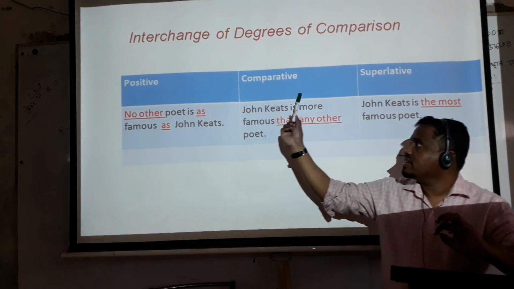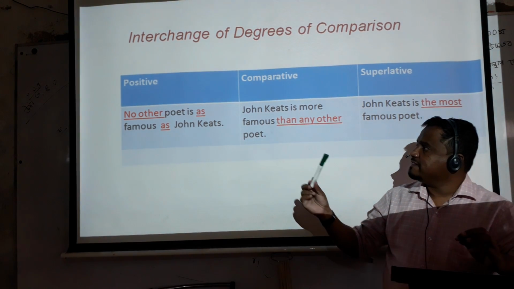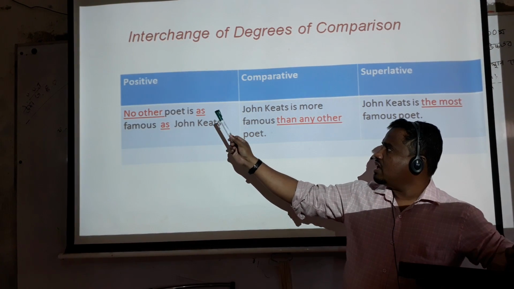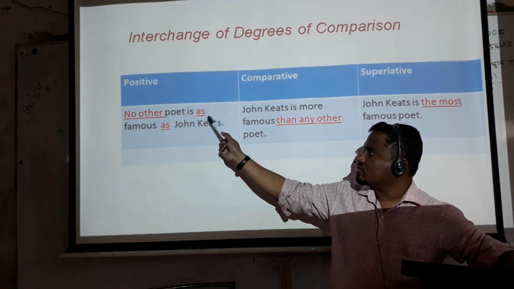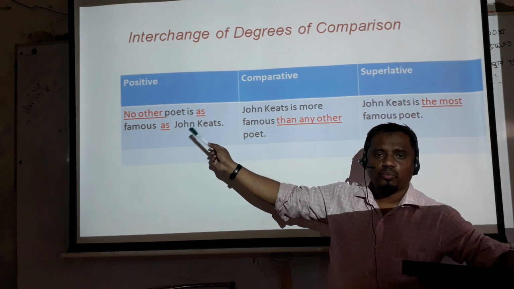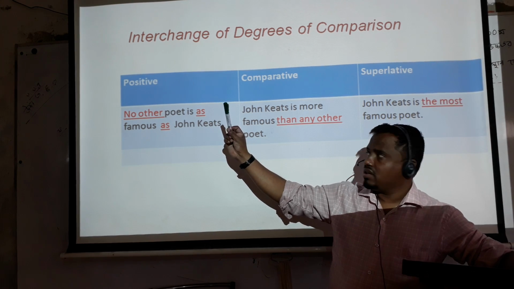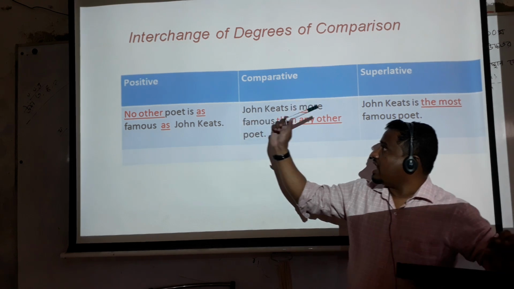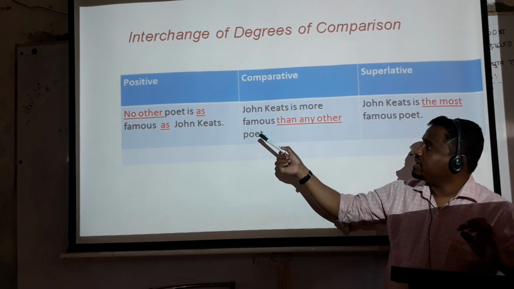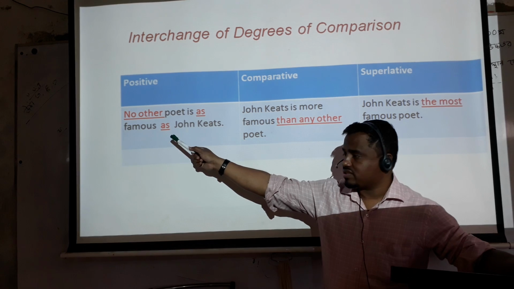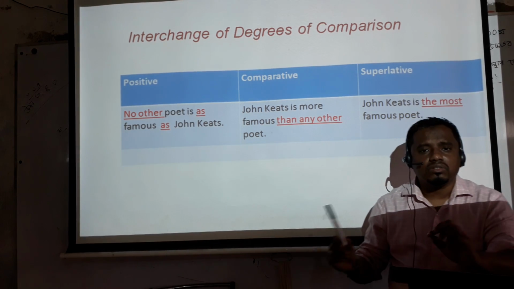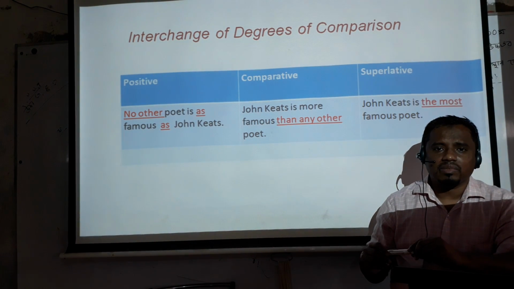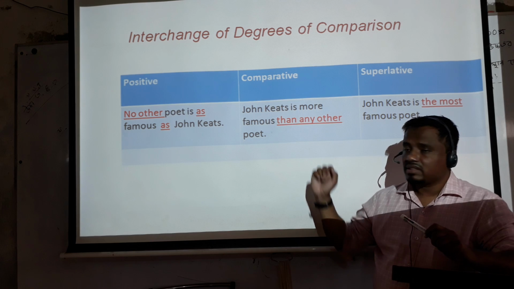John Keats is, and "as" or "so as" will be left out, and before that you have to use the comparative form of famous. We all know the comparative form of famous is "more famous".